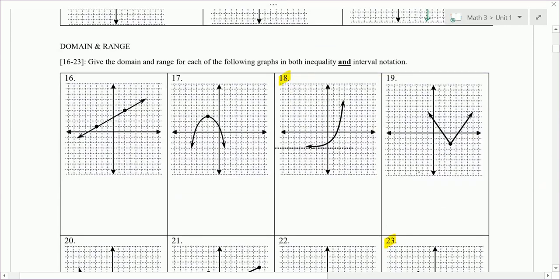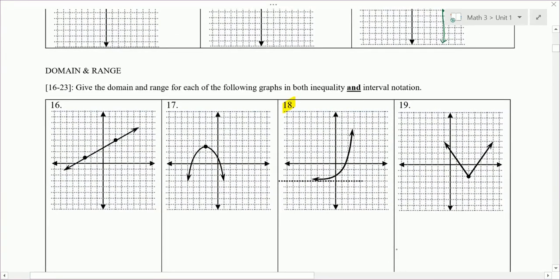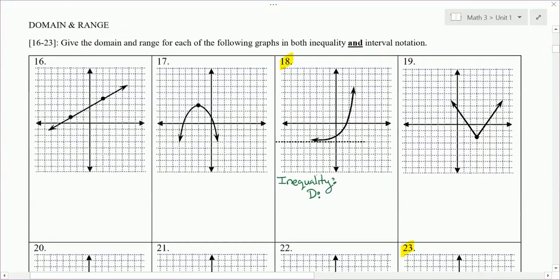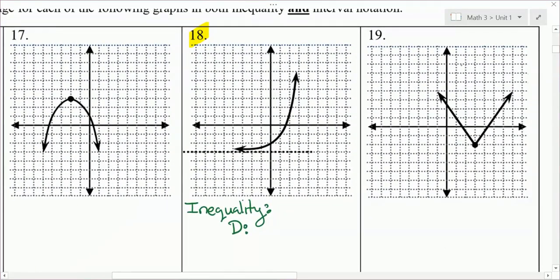Move on to number 18. The instructions here are to give the domain and range for each of the following graphs in both inequality and interval notation. So I'm going to start with inequality notation. I'm going to use a capital D for domain. Domain deals with your x values, and your x-axis goes left, right.